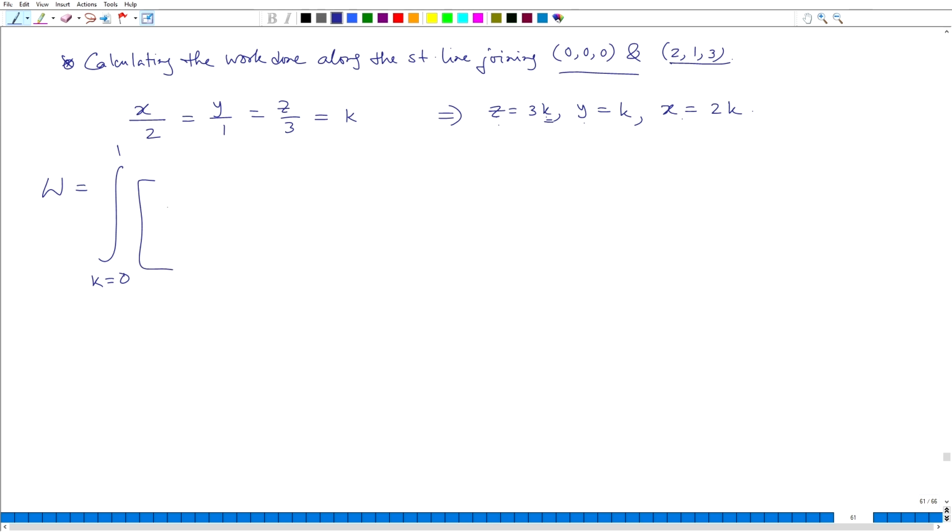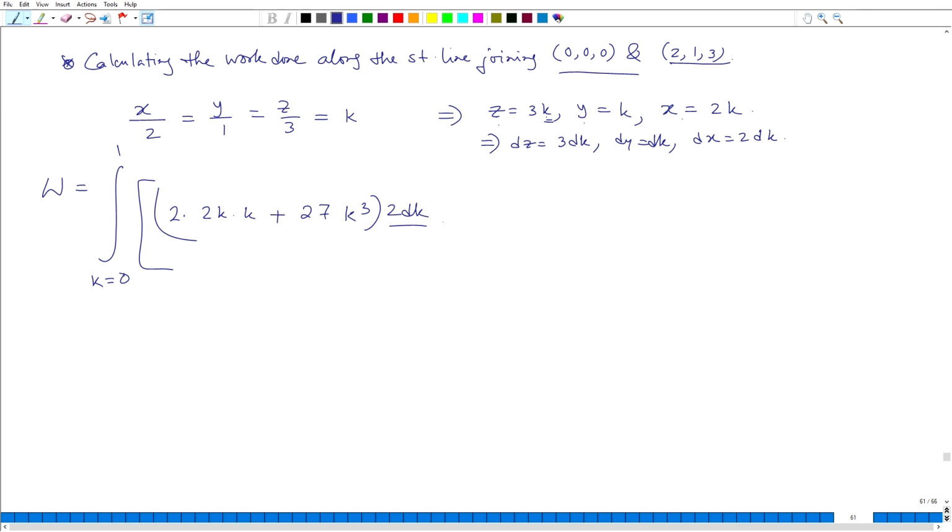Then you write properly: 2 times 2k times k plus 27 k cube times 2 dk. 2 dk is nothing but the dx. Okay. You just do not forget dz will be 3 dk, dy will be dk and dx will be 2 dk.